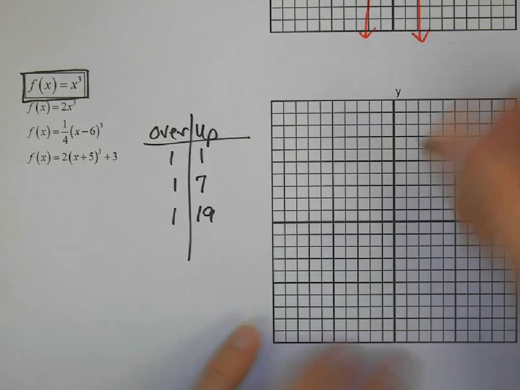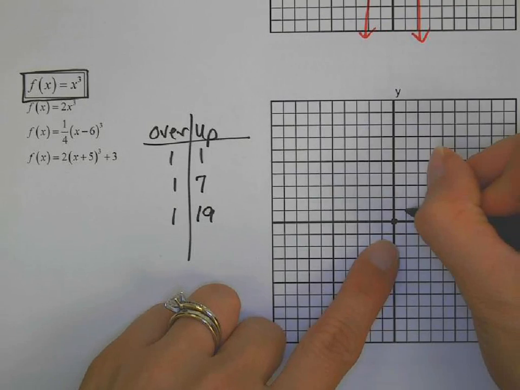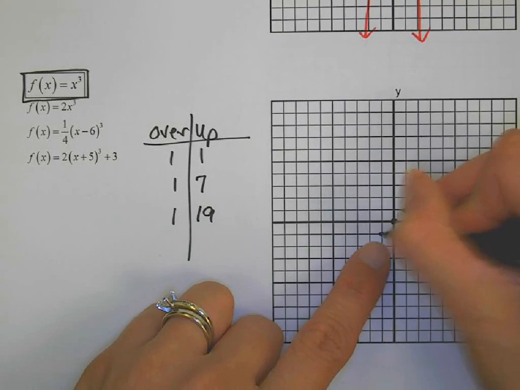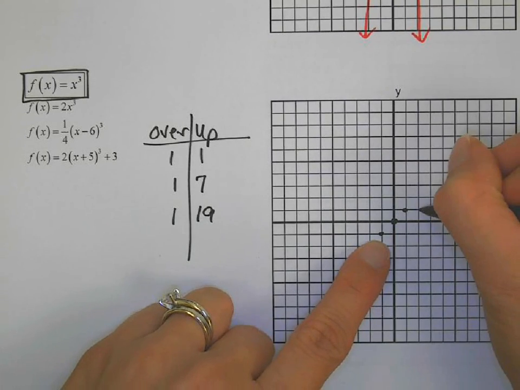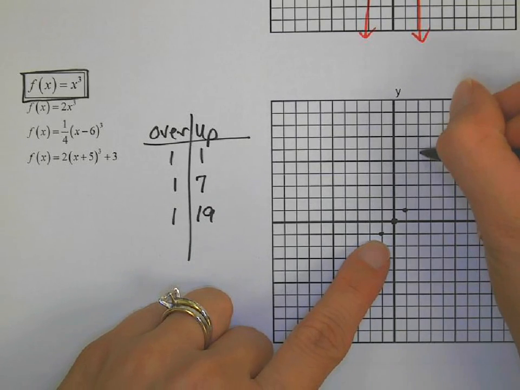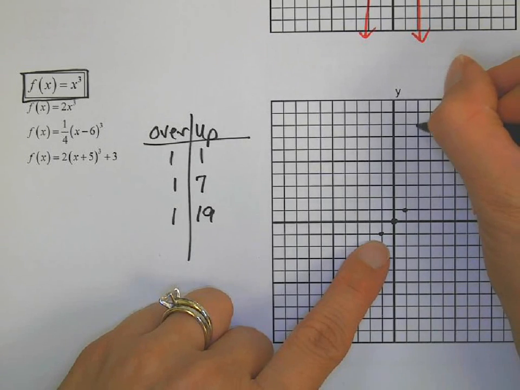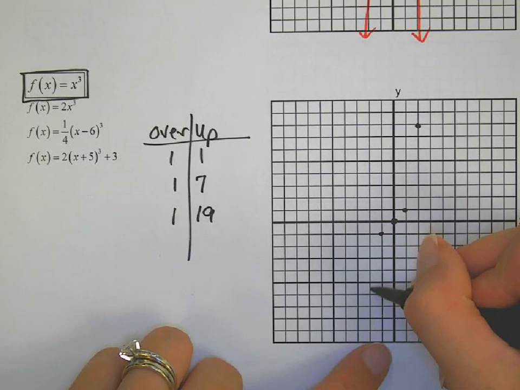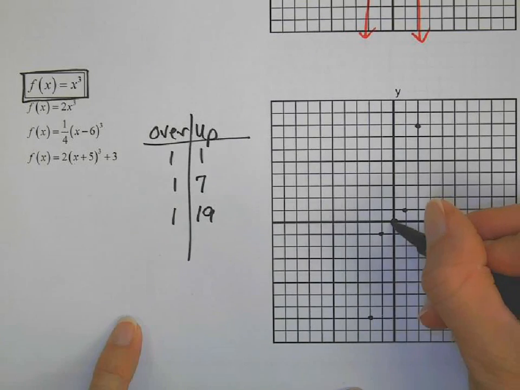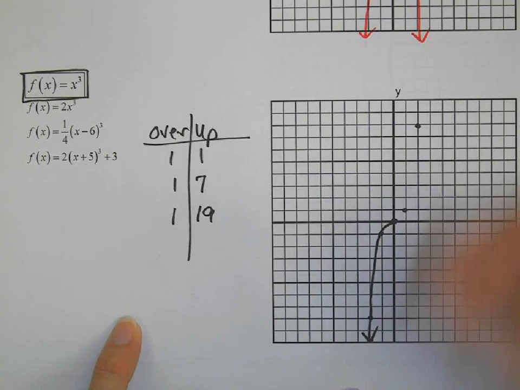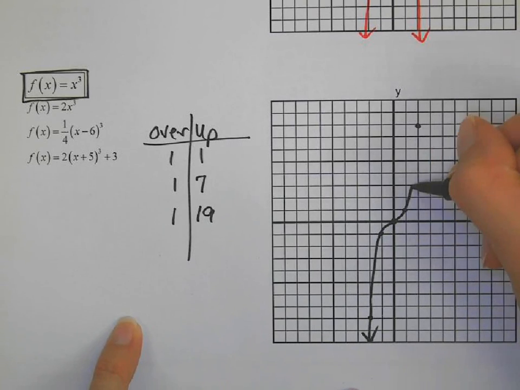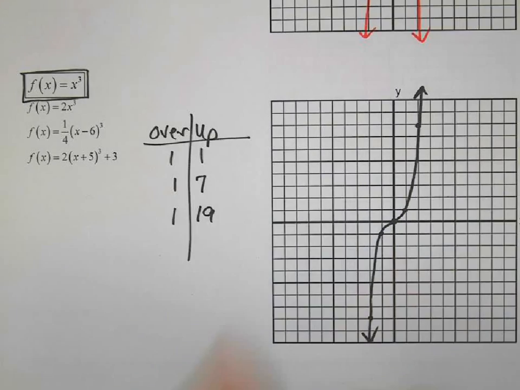Okay, let's do this. This is a cubic. On the origin, over 1, up and down 1, over 1, up and down 7. There we go, basic cubic. Okay, don't make him like a flat line. He's got a little bit of curve to him.